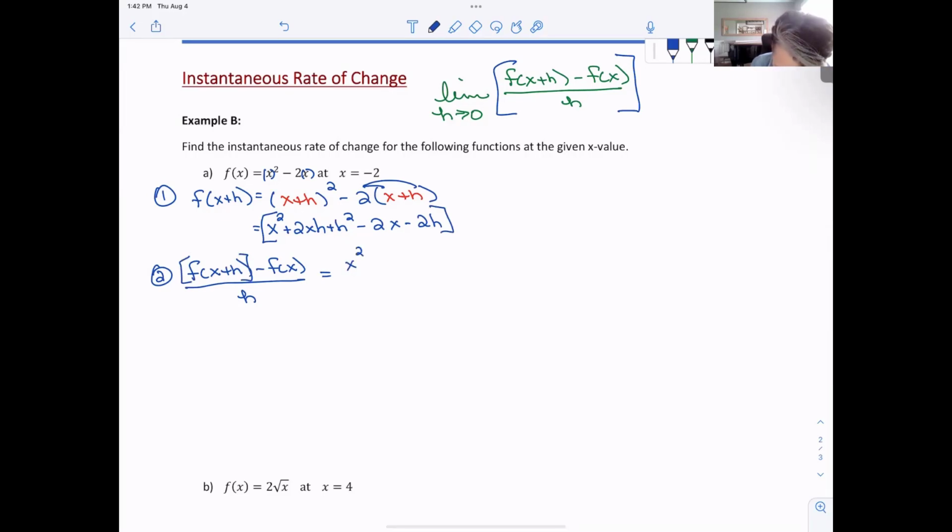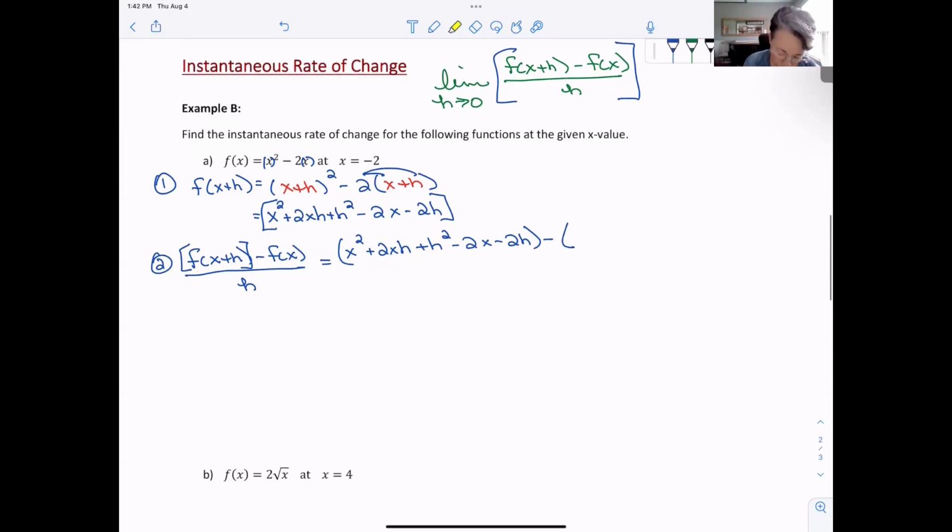We have x squared plus 2xh plus h squared minus 2x minus 2h, so that's the first part, minus, and now we want the original function, the f of x. The original was x squared minus 2x. All of that is over h.